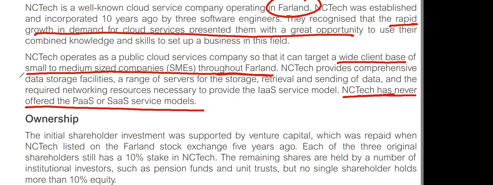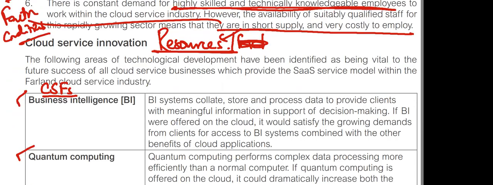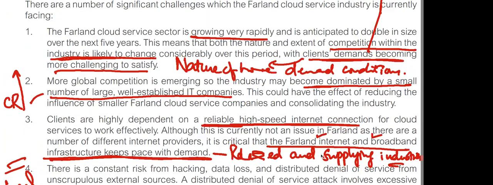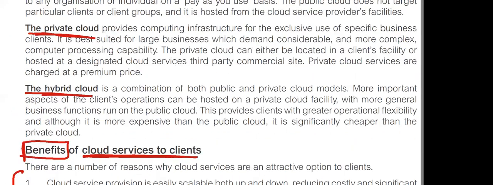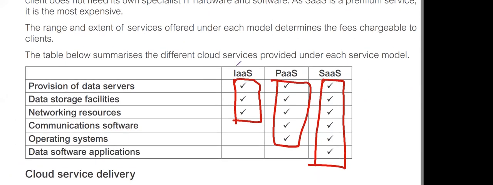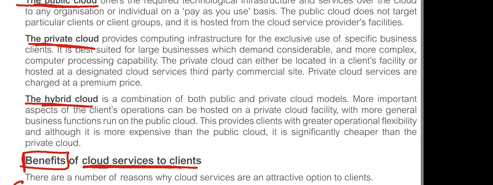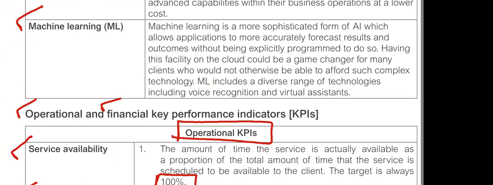That's basically, we would have to go back to connect it over here, that the company is providing this infrastructure, and this and this is not being provided. So basically data servers, data storage facilities, network resources is all that it is providing. So a relative lack of experience in this area could be an issue.